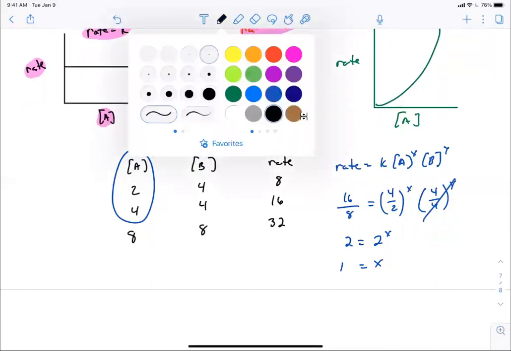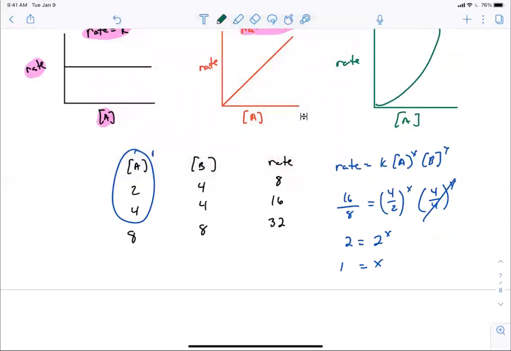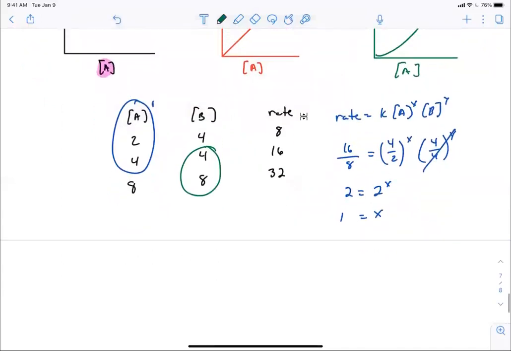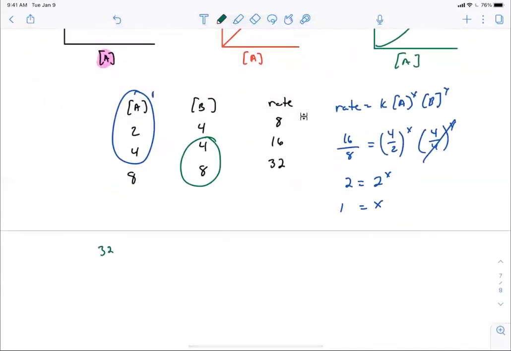Now with B, because A is not constant anywhere, you have to pick any two reactions where B changes. I'm going to pick the second two. And we do the same thing. This is why I'm doing it, because I know a lot of y'all could kind of eyeball it and go, this doubles, first order is 1. But what happens when you don't have that constant here? You may have to fall back on this plan, which is 8 over 4 for A, which is raised to the first power, 8 over 4 for B, which is raised to the Y power.